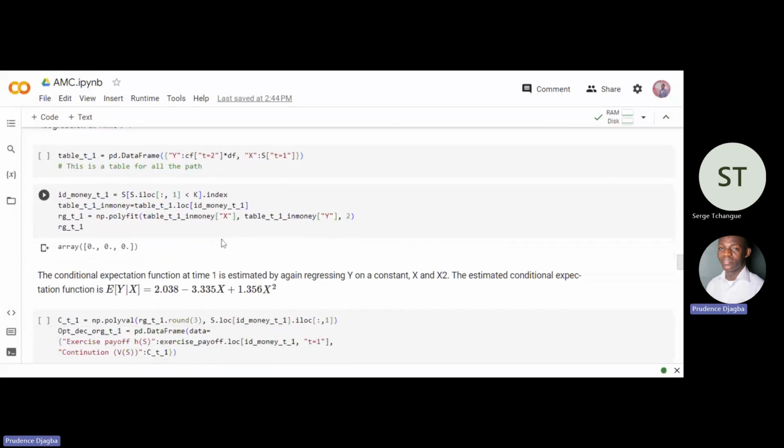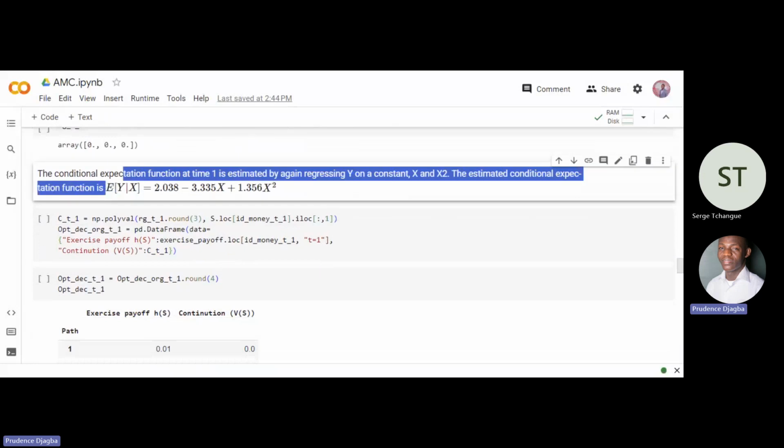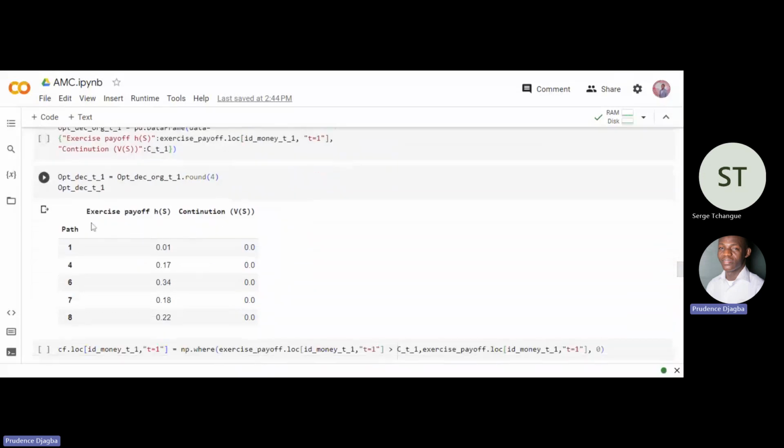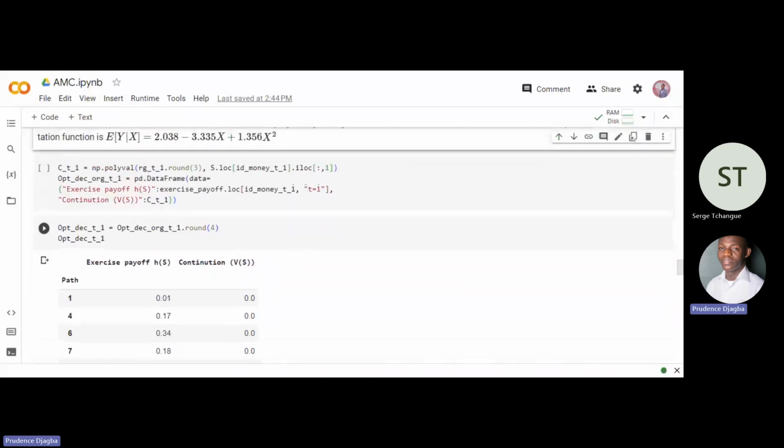So I do the same thing, and this time the conditional expectation is generated by this formula, and when I generate the exercise payoff with the continuation, I got this matrix. Yeah, and I think something is wrong there. Maybe I need to build again.